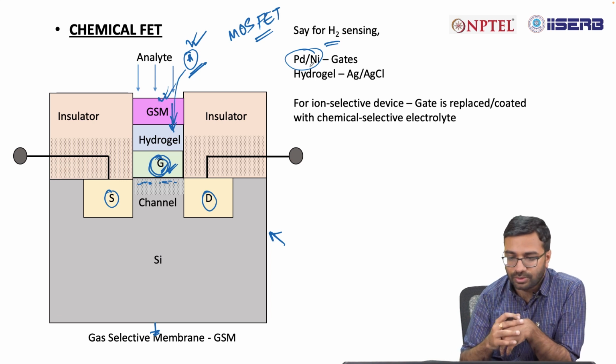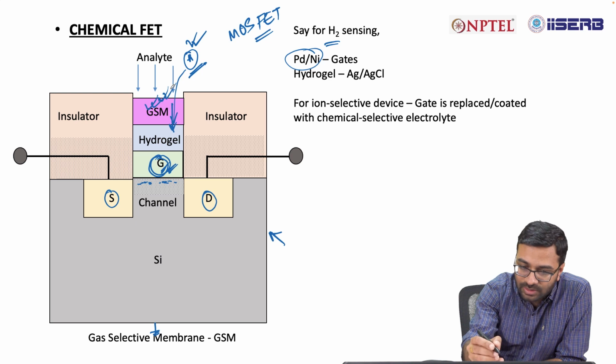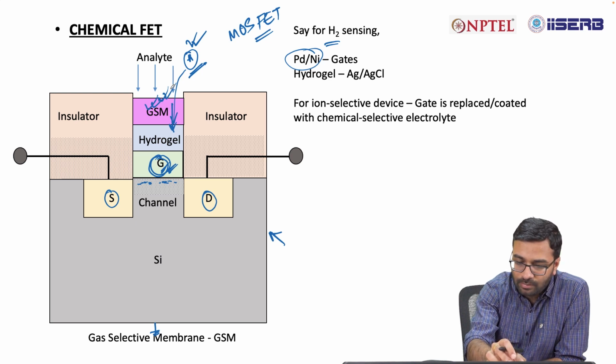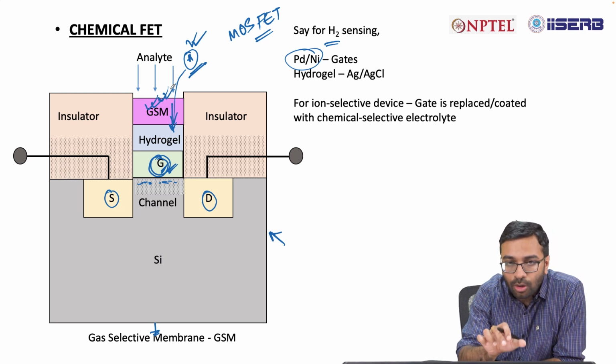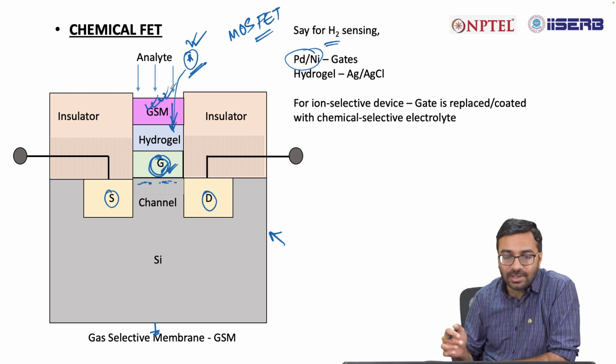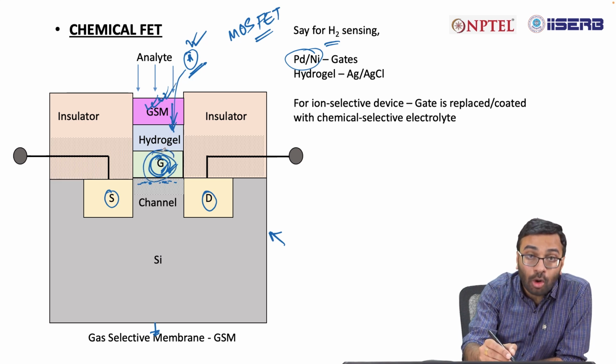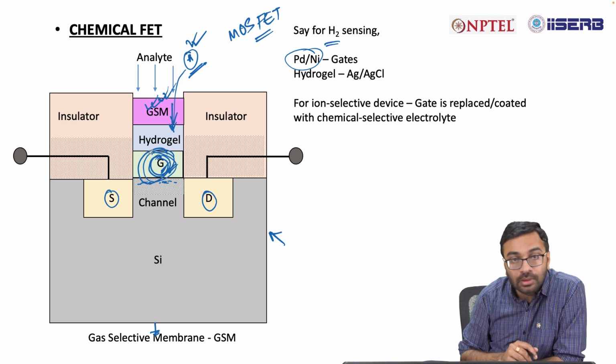If you replace this gas selective membrane with an ion selective membrane, then this particular setup can also detect ions, because ions also will change the electrical property of the gate electrode, or the potential of the gate electrode.